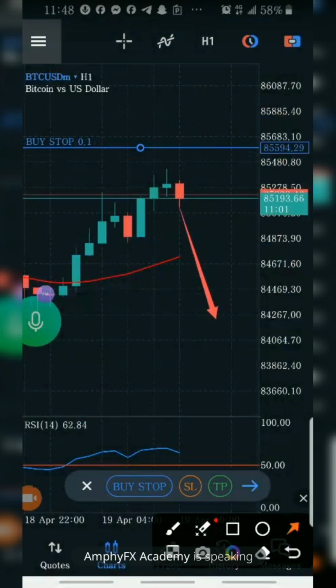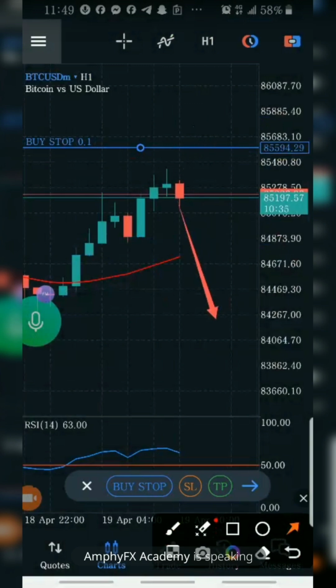Let's say for example, I have an occasion to attend, and I've already done my analysis on my TradingView, my analysis app. I've done my analysis and I want to place a position, but I won't be available on my charts. So I'll just place my buy stop here because I already know the market will buy.